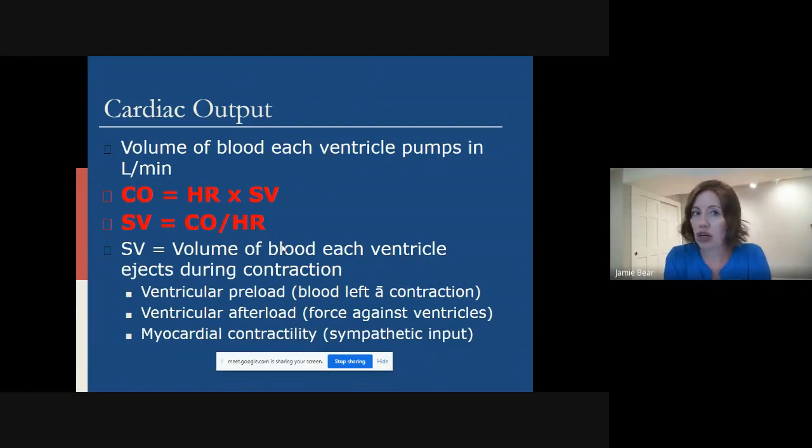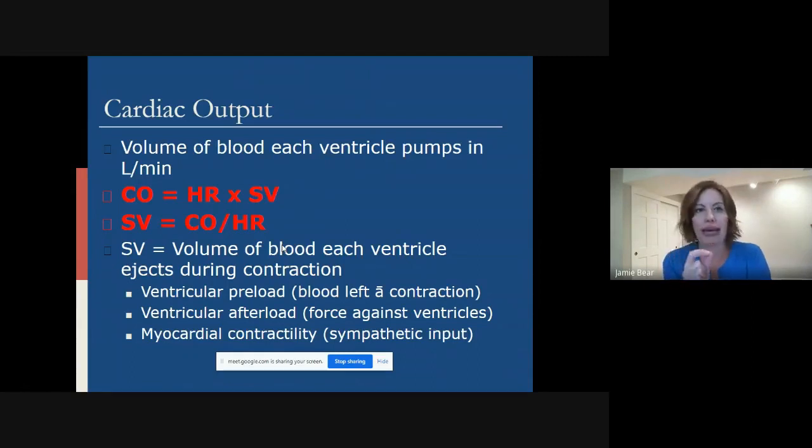Well, now let's look at our cardiac output. It's the volume of blood each ventricle pumps in liters per minute. So cardiac output equals heart rate times stroke volume. So stroke volume would equal cardiac output divided by heart rate. Stroke volume is the amount of blood each ventricle ejects during contraction.